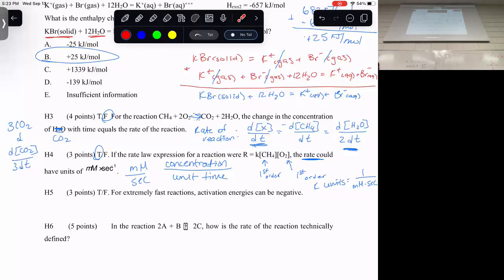The units for k would be 1 over millimolar squared times second. So k is the unit that's changing, R is not changing.